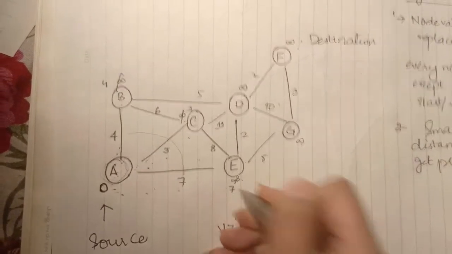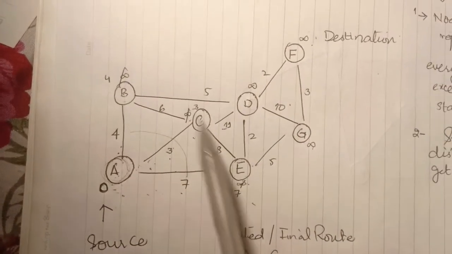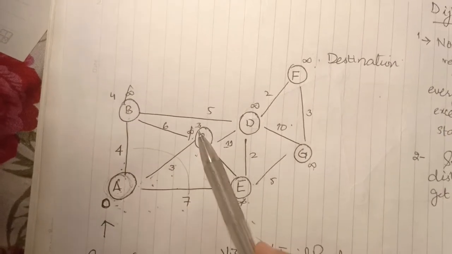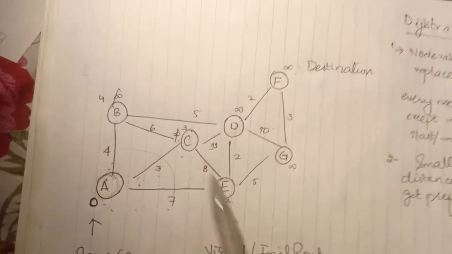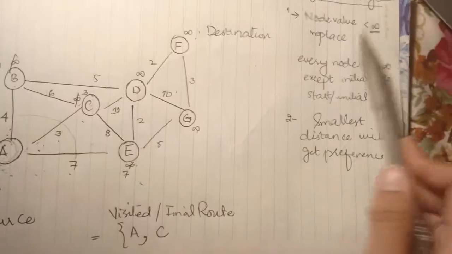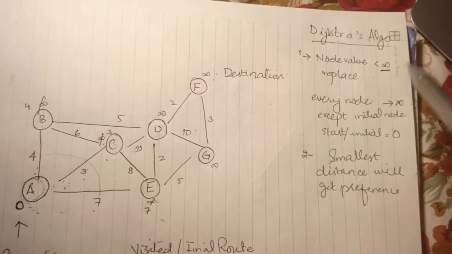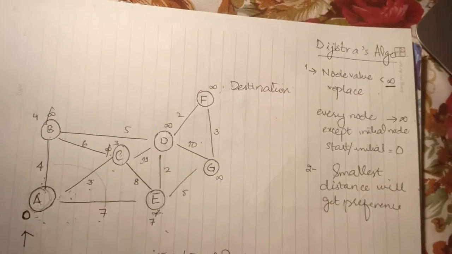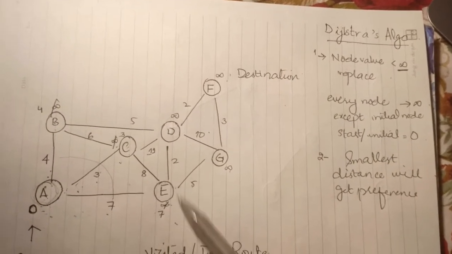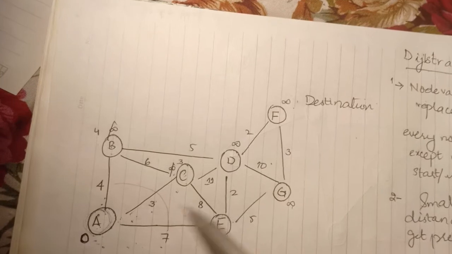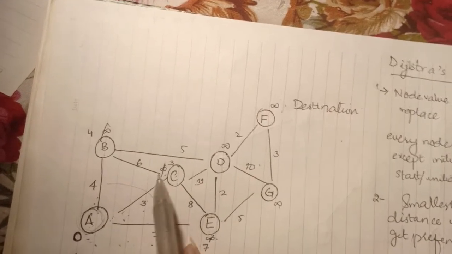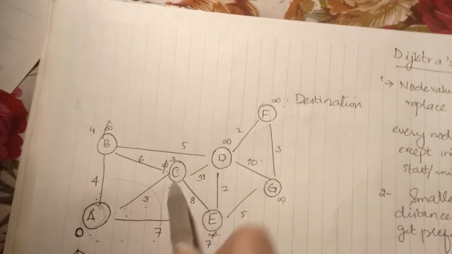So see, our weights are updated, our node values are updated based on the specific condition that we are following in this particular algorithm, that if our node value is less than infinity, you'll need to replace it. And let's go ahead forward. So we are at C position.